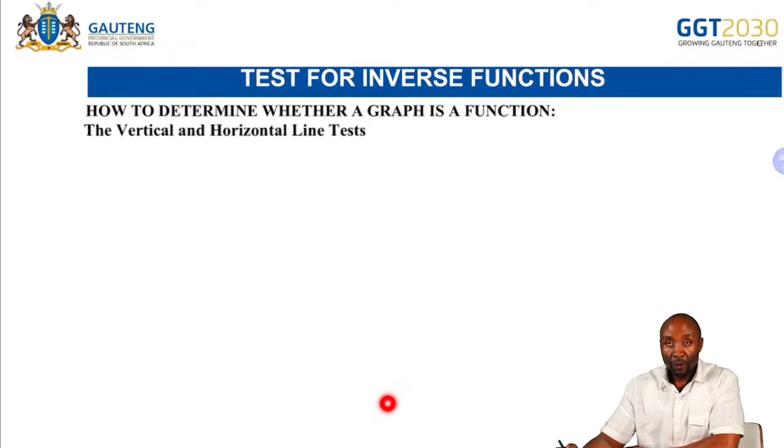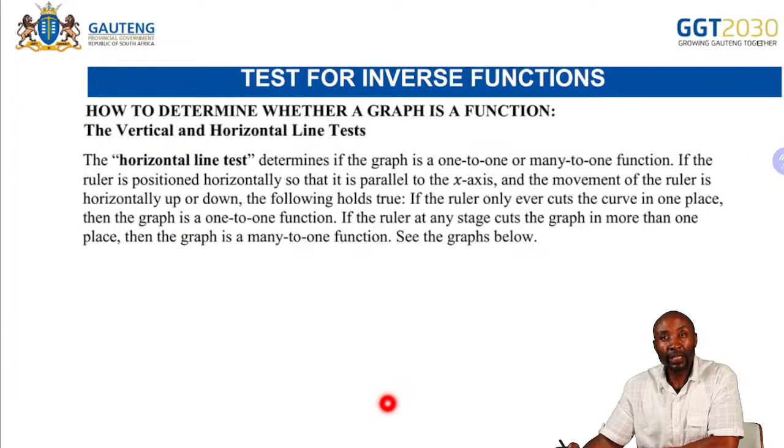We place our ruler horizontally, and we want to check if it will intersect the graph at any given time at two or more points at the same time.